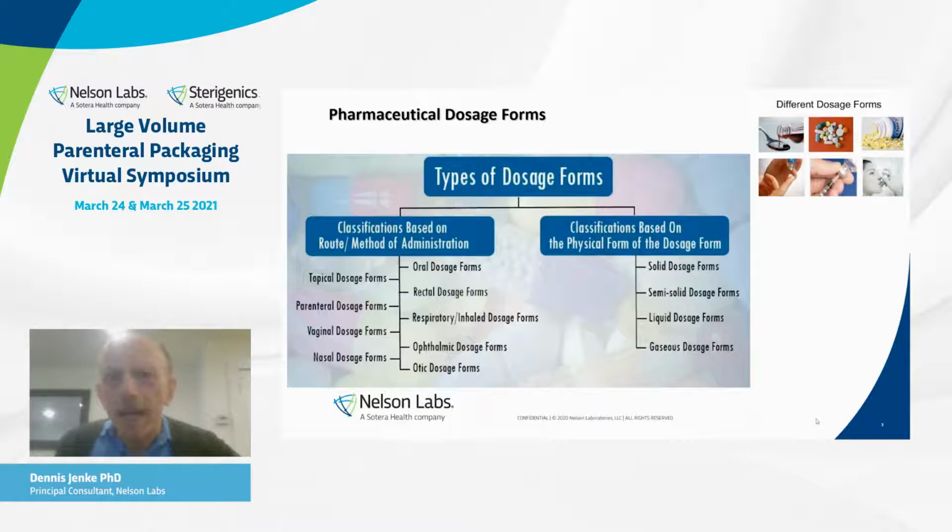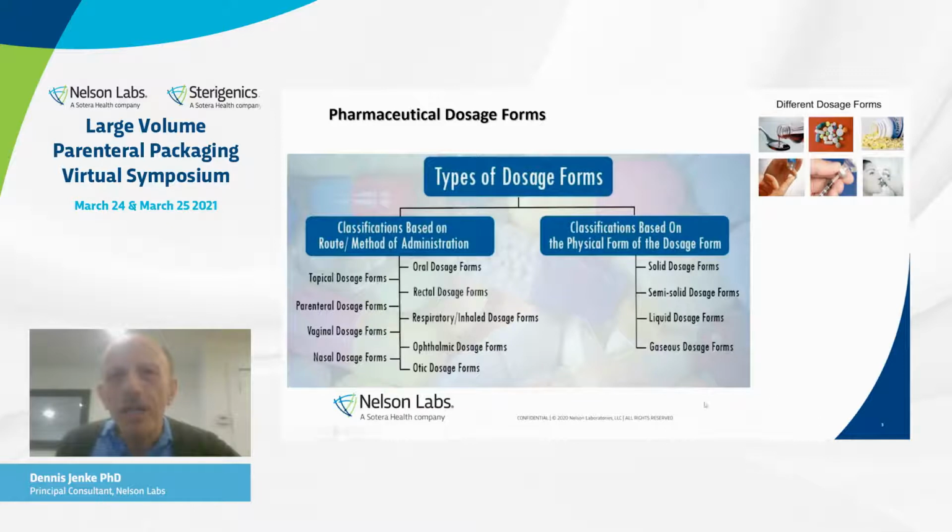The practical reality is that pharmaceutical dosage forms are so diverse and so varied that it's impossible to manage them as an entire population. And so, in order to regulate them and in order to properly qualify them, we need to break them up into smaller groups. We need to classify them.